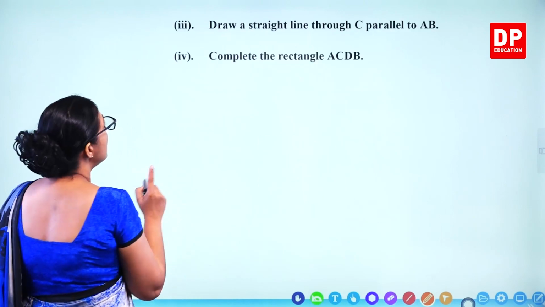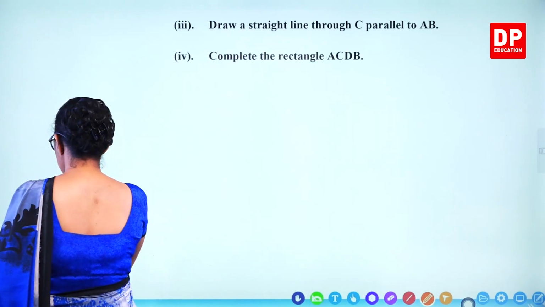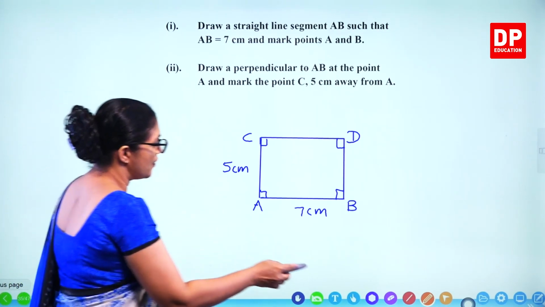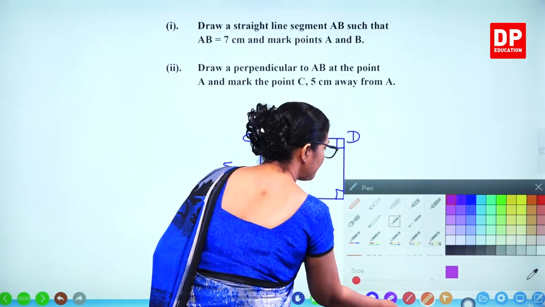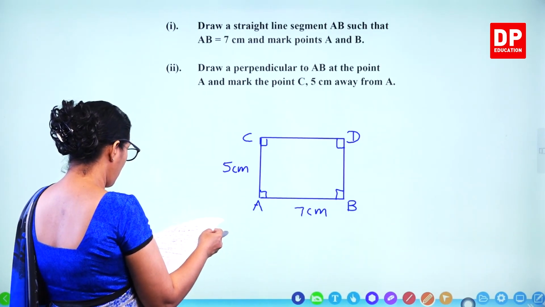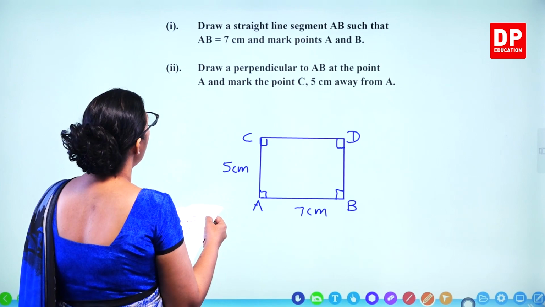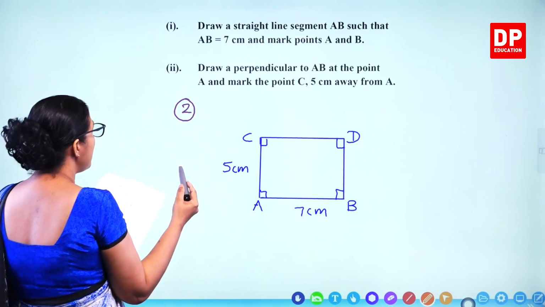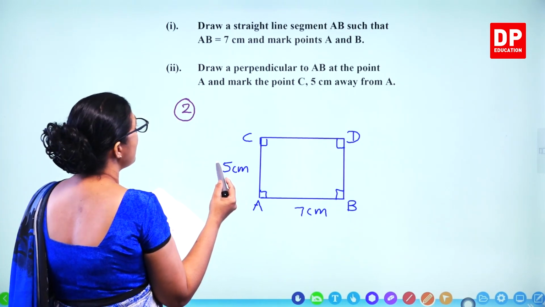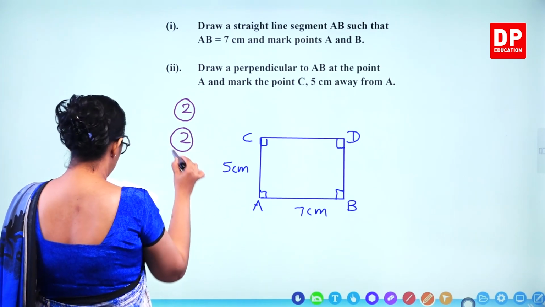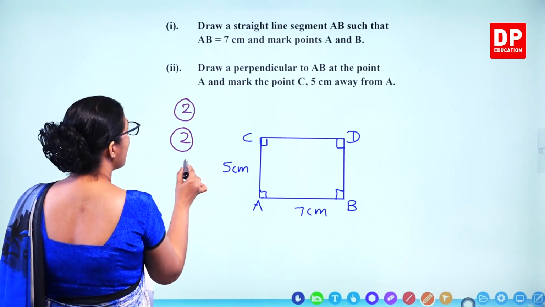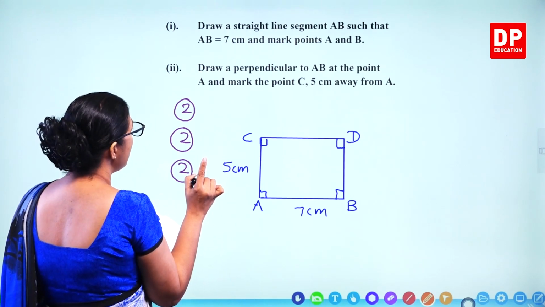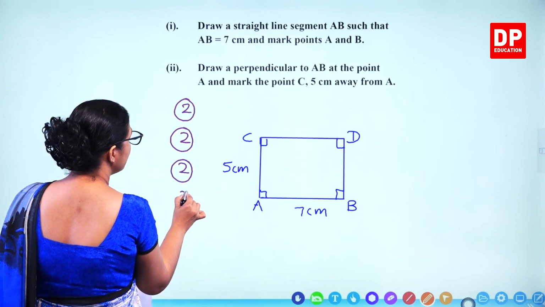So it says complete the rectangle ACDB. So how many marks? You are getting 2 marks for drawing the line segment, first part, and then 2 marks for drawing the perpendicular, and 2 marks for marking the C point, and then parallel line, you get 3 marks.